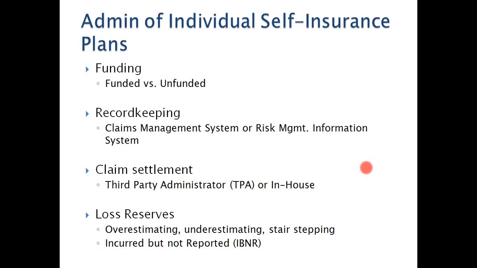The other thing about loss reserves that you have to keep in mind, and this is where the actuaries come in for those actuarial reports, is what's called incurred but not reported, or IBNR. Actuaries will put, for lack of a better term, a fudge factor into the loss reserves. So you're going to have your loss reserve estimate, but then you're going to have your incurred but not reported.